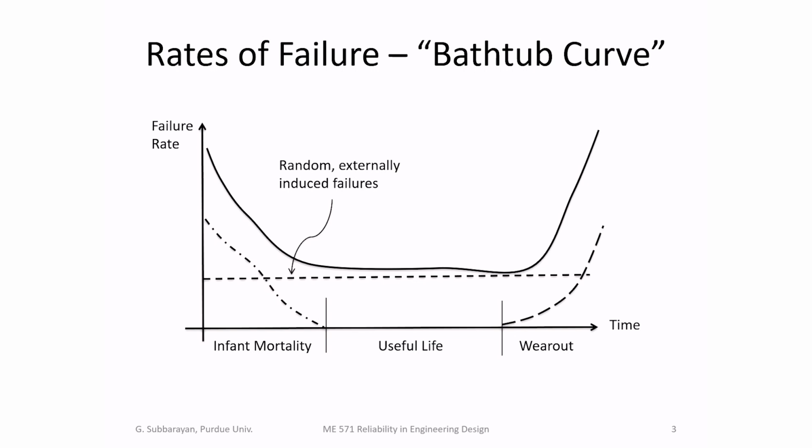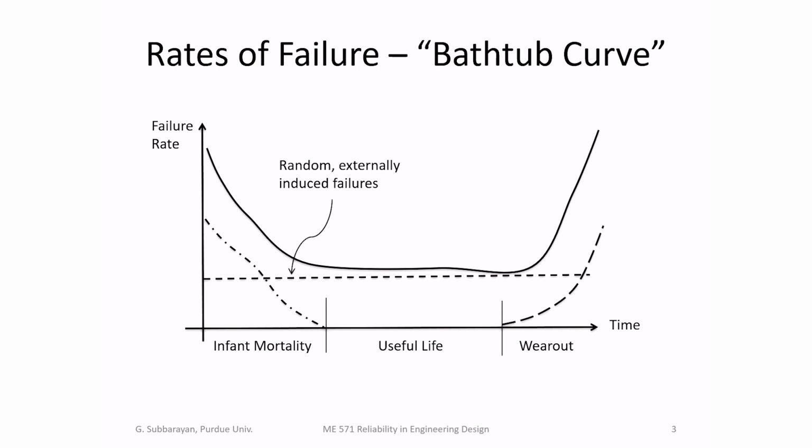We will judge whether a particular mathematical model, a probability distribution, is adequate from a reliability perspective if it can capture these three phases of a product life. We don't have to have a single model to capture the whole life of the product, but you need to be able to capture each individual phase with some mathematical model. That's how we will judge whether the model is adequate or inadequate.